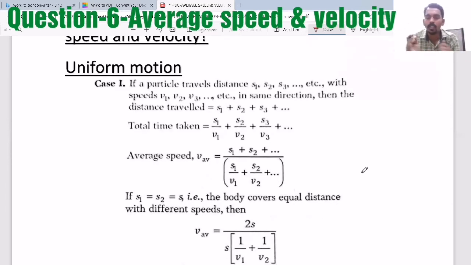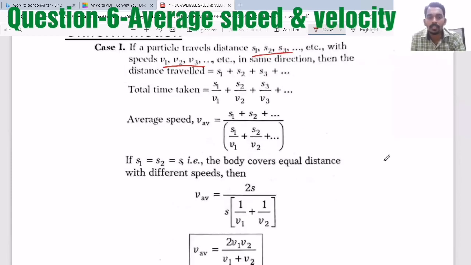So for successive distances S1, S2, S3 covered with speeds V1, V2, V3 and so on, the total time taken is S1 by V1 for the first interval, S2 by V2 for the second, and so on. The average speed is total distance by total time.